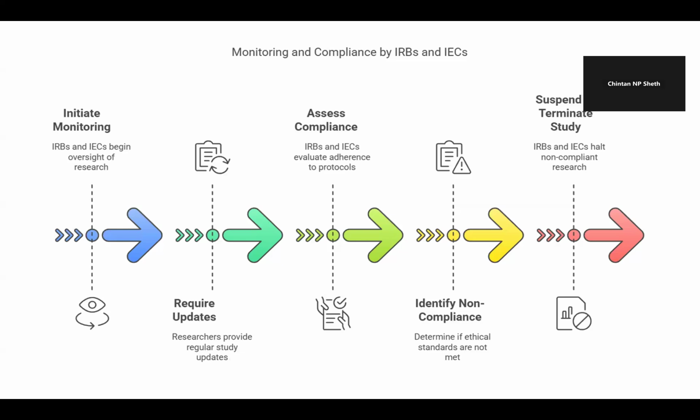If any non-compliance is found during their review, they might suspend or terminate the entire study, or they may put the study on hold to give sufficient time to justify, to provide the documents and rationale about what has happened and how it would be avoided in future. So this slide shows the overall functioning of ethical oversight by IRB and IEC.